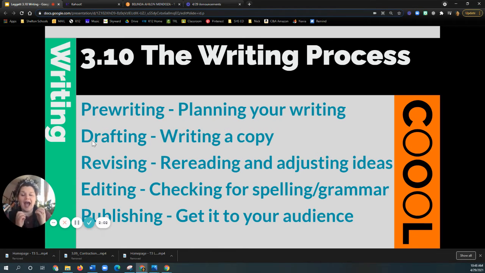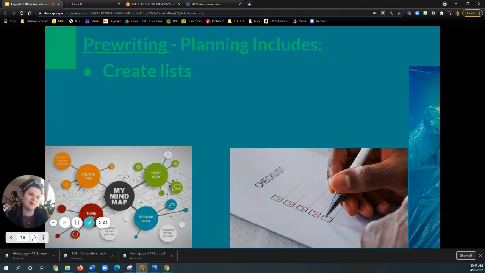So even when I write something, it is littered with mistakes, but it is important to write it down to get your ideas down so that then you can revise it and edit it. It's designed this way, okay? Your first draft is supposed to be bad. That's why we call it a first draft or a rough draft.